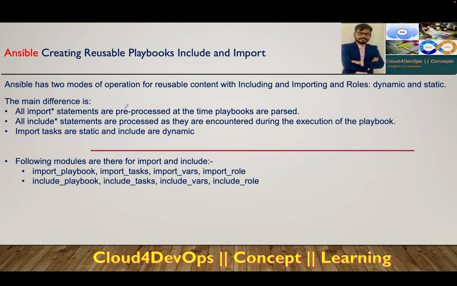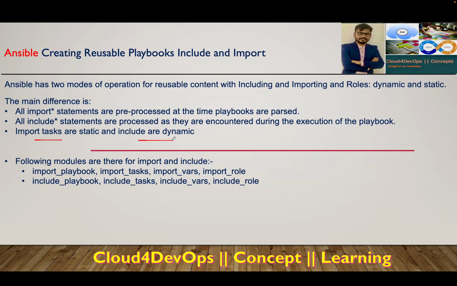Ansible has two modes of operation for using reusable content: importing and including, static and dynamic. Why it is static and dynamic, we will see in our practical demo. The main difference is that all import statements are pre-processed, and include statements are processed during the execution of your playbook. Import tasks are static, include tasks are dynamic.